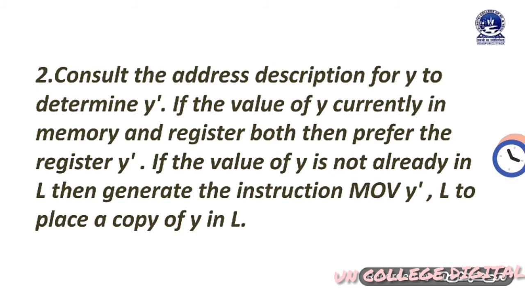Here I want to explain that when a variable is in memory and in a register, the system will prefer to extract the data from the register for computation. But if the variable value is not residing in a register, then the move instruction, an assembly language instruction, is used to first move the value from the memory location to the register.